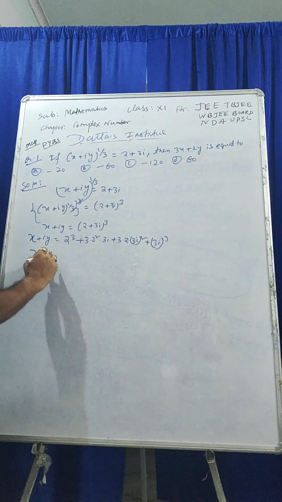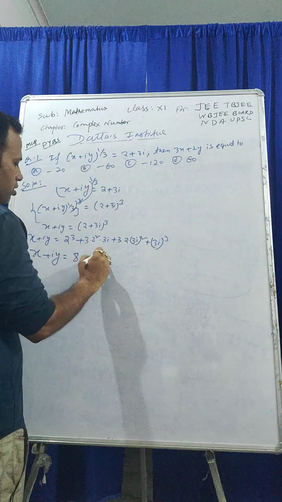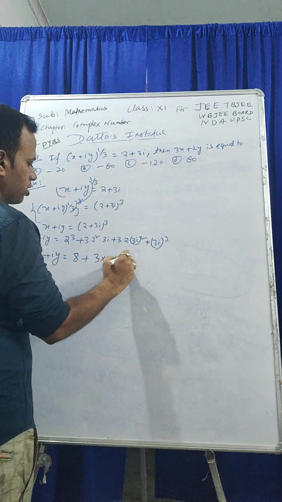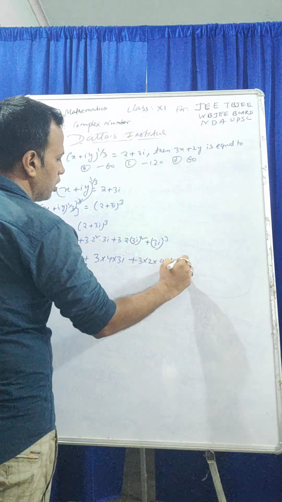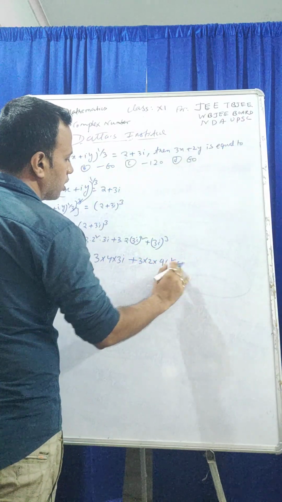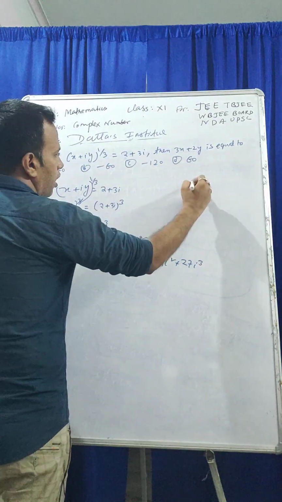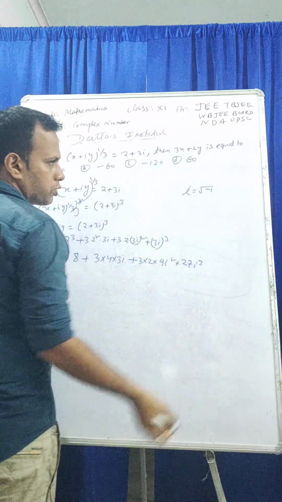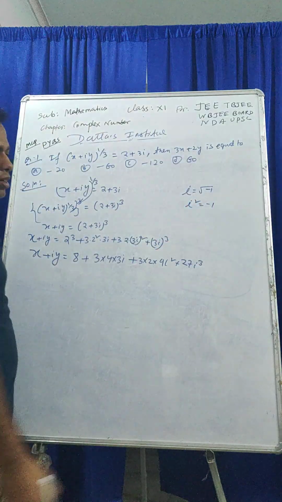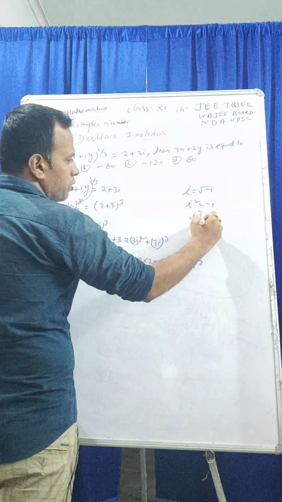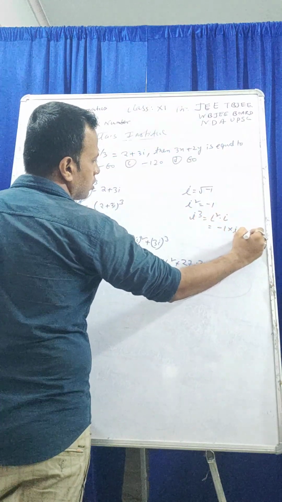So here x plus iy will be 8 plus 3 into 4 into 3i plus 3 into 2 into 9i square, and here is 27i cube. Look at here, we know that i is equal to root over minus 1. Therefore i square will be minus 1, and i cube will be i square into i, so it will be minus 1 into i, that is minus i.